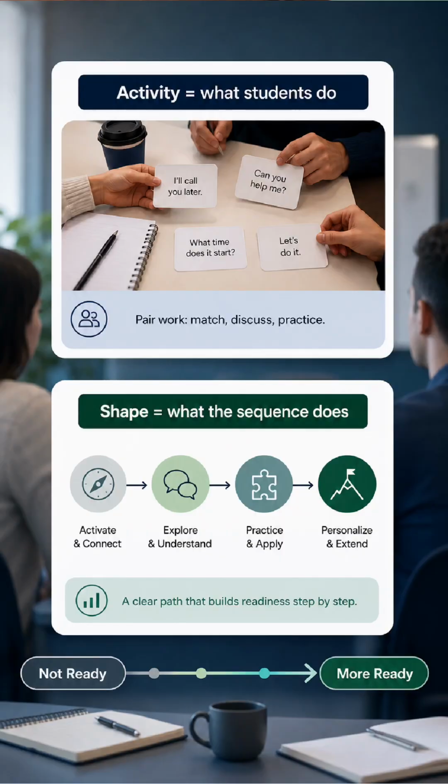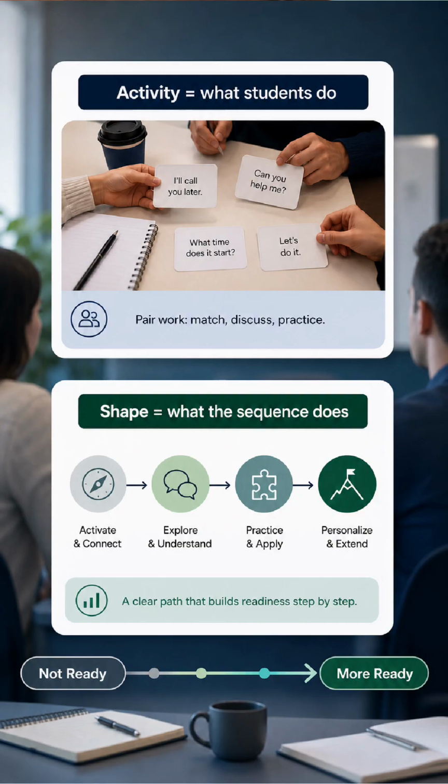A lesson shape is the journey learners go through. It is the sequence of support, challenge, attention, feedback, and confidence. An activity is what students do.